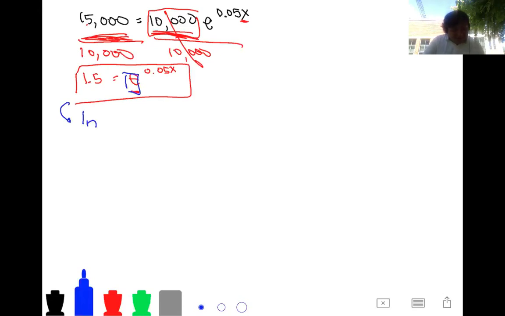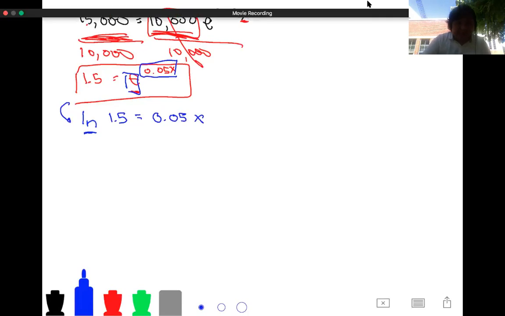So ln of 1.5. Take note, there's no need to write the base because if you use the natural logarithm, the base is understood to be e. That would be equal to the exponent, which is 0.05x.